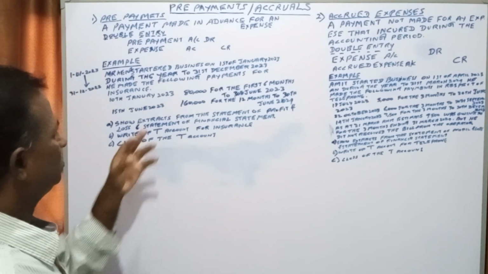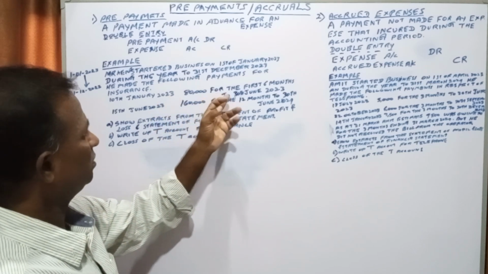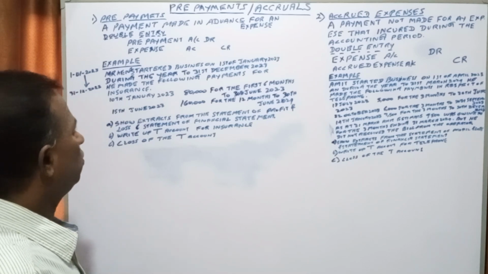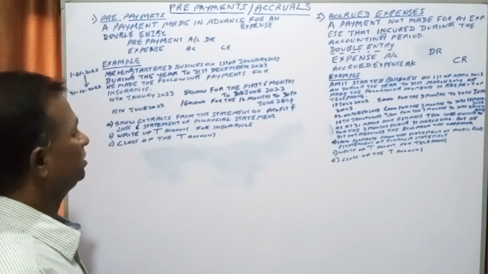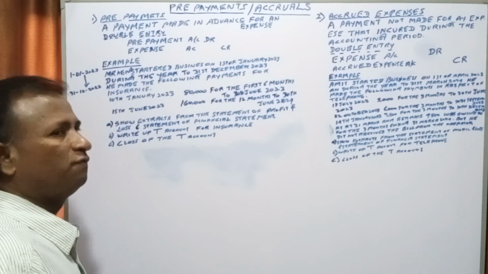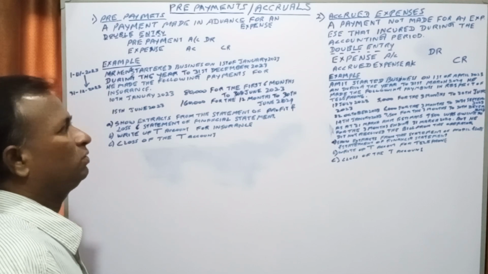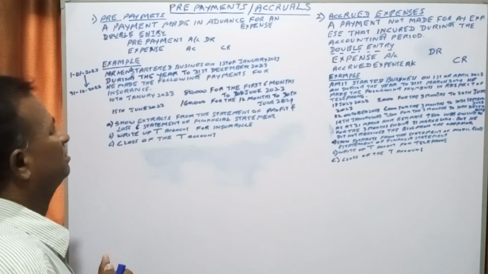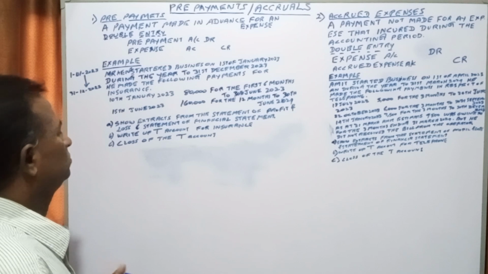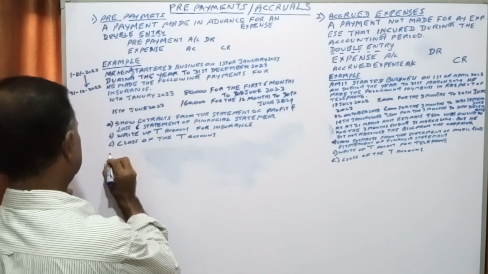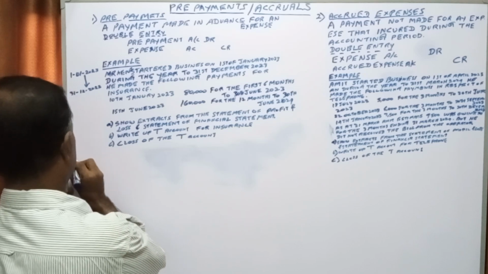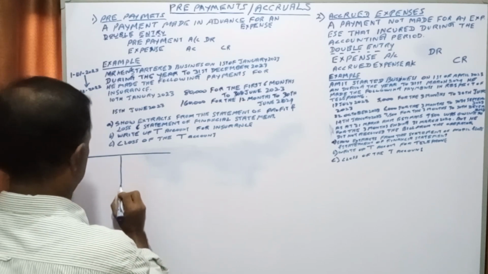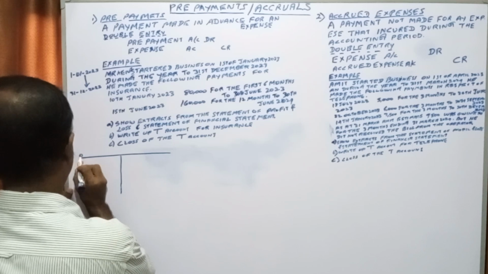On 10th January 2023, 80,000 he had paid for the first 6 months, that is to 30th June 2023. So shall we pass the entries, right? Here there are two accounts involved. One is the cash book, debit.